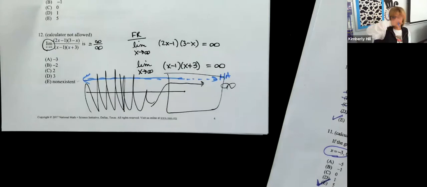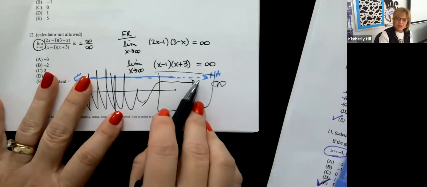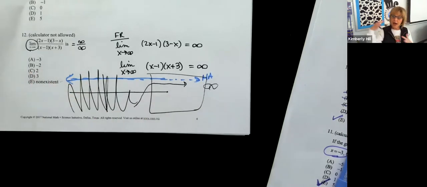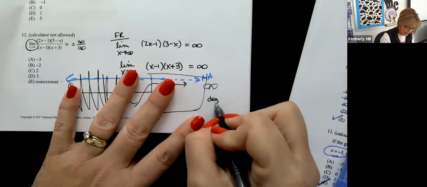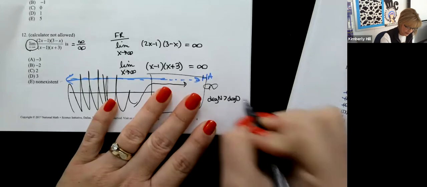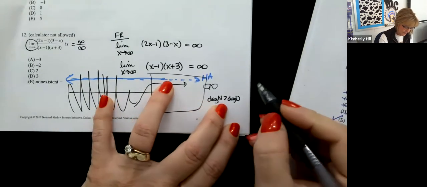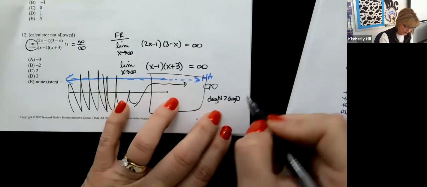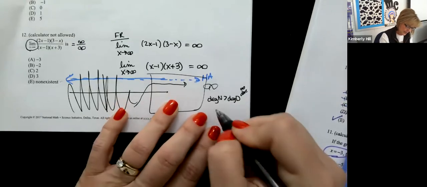So if you think about what your horizontal asymptote is doing, that's what your graph is doing at infinity. It doesn't tell us anything about what's going on inside the middles, but what's going on out there at those infinities. And so if I'm thinking about horizontal asymptote rules, then I'm just thinking about my highest degree. Because remember, your horizontal asymptote rules say if the degree of the numerator is higher than the degree of the denominator, then you don't have one because it's going to infinity.